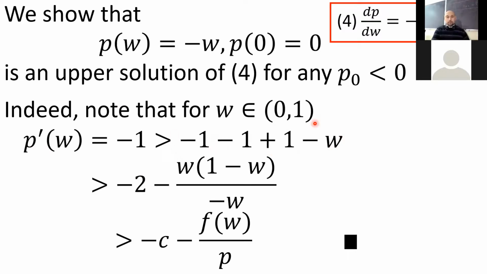But now, since my P, so just now I can put -W here and here. Okay, I regroup -1, it's -2. And here, now I recognize my F of W. -W is P, and 2 is less than C, so -2 is greater than -C.